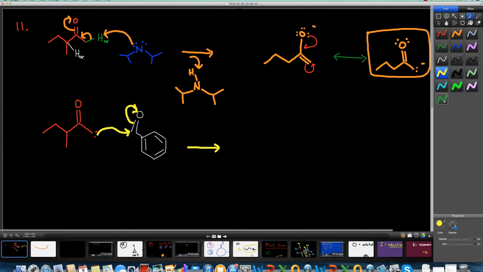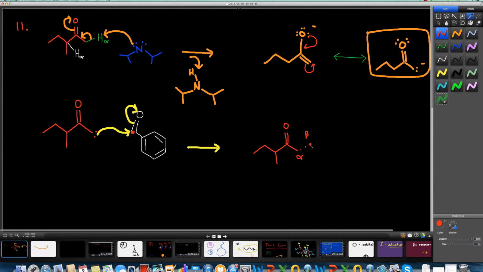When we go to draw this, I like to just draw the nucleophile first. Then in a dotted line, I'm going to indicate the bond that I am making. Notice that we're going to make an alpha-beta bond. So the alpha carbon is the carbon on which I had the carbanion, and the beta carbon is going to be what used to be the carbonyl carbon in benzaldehyde.